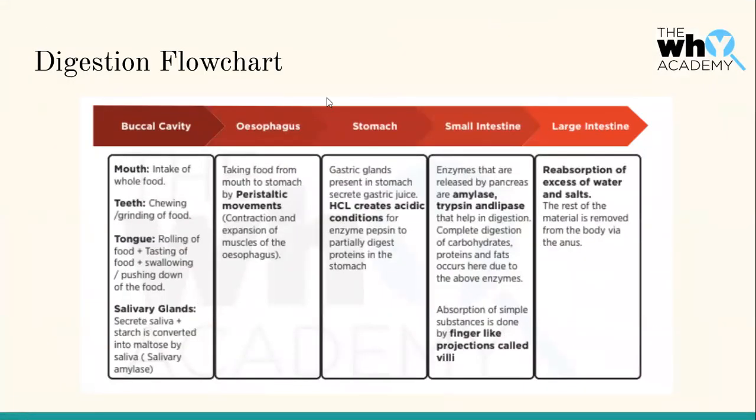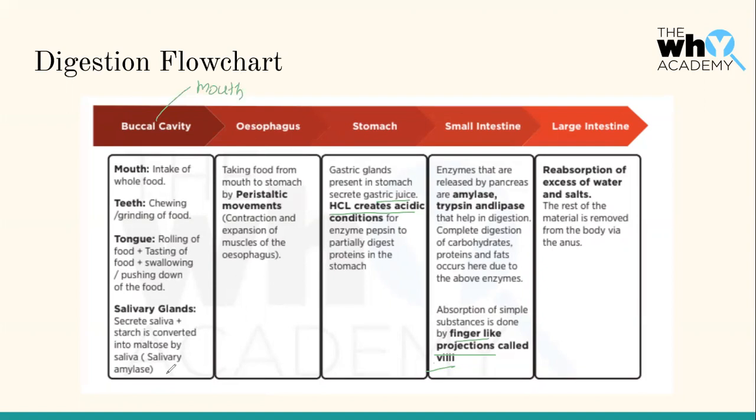After the esophagus, I mentioned the stomach. That stomach has gastric juice, HCl, etc. Then I spoke about the small intestine. Basically, we spoke a little bit about villi, where we went back to grade 9 and talked about epithelial cells from grade 9 tissues. We had done epithelial tissues and villi in the tissues chapter. After that, I was telling you that the buccal cavity is nothing but the mouth.